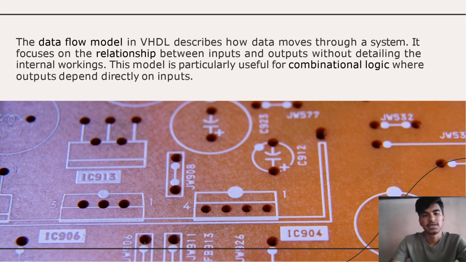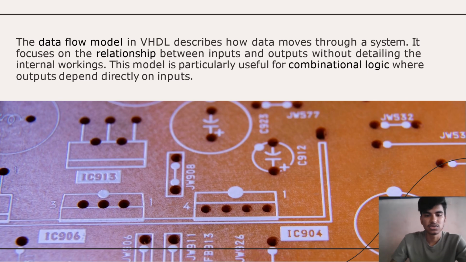Let us discuss the data flow model in simpler terms. The data flow model describes how inputs are transferred into outputs through a conditional operator, with the data flowing through a signal or variable and then connected to different parts of the system. It is like a pipeline where data enters the process and exits in parallel.